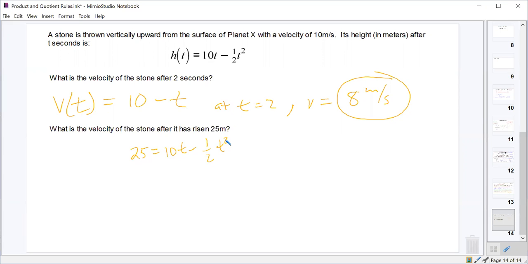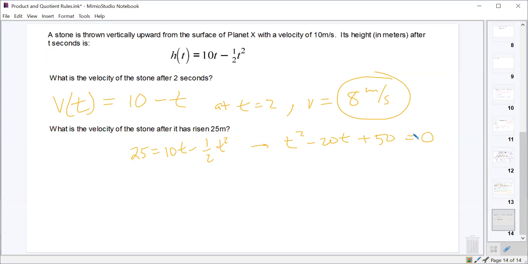It's now a quadratic to solve. We multiply everything by 2 and get it all to one side, so that becomes t squared minus 20t plus 50 equals 0. Everybody agree with that so far?